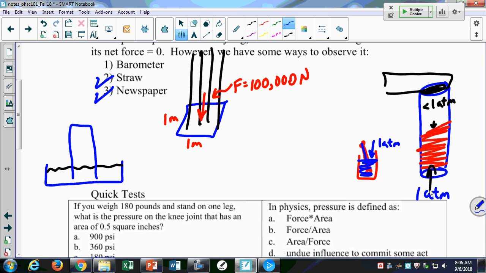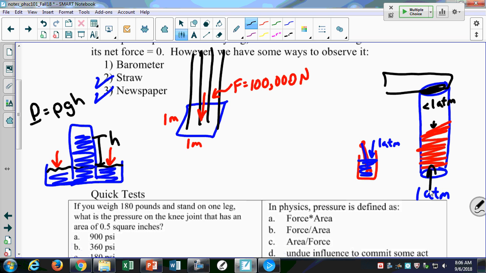Then when you have the atmospheric pressure pushing down on the outside of this fluid, just like the straw, it pushes that fluid up into the column. And then you measure this distance. We'll call that H. Remember, pressure is equal to rho times g times H. So the height of that column is proportional to the pressure.